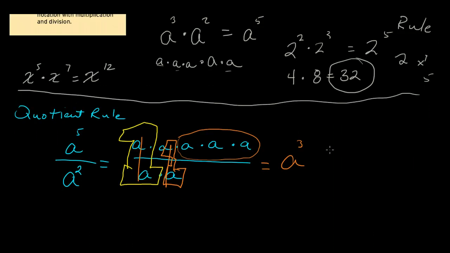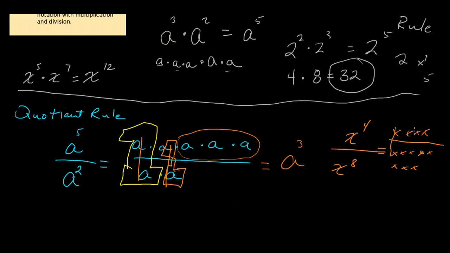And it works the other way too. If I have x to the 4th power up here and x to the 8th power down here, well then in essence don't I have 1, 2, 3, 4 up there, and 1, 2, 3, 4, 5, 6, 7, 8 here.